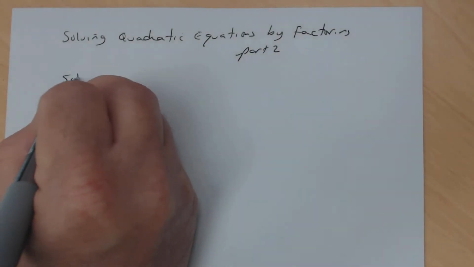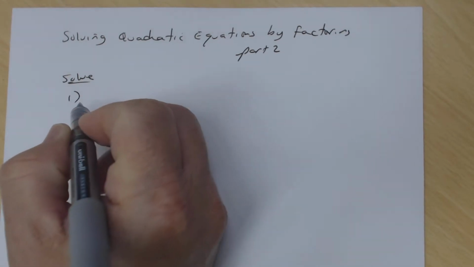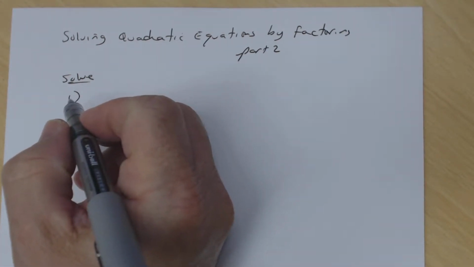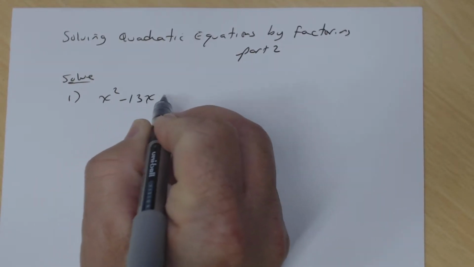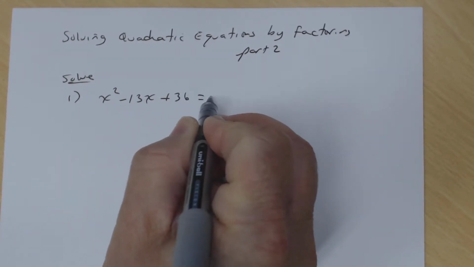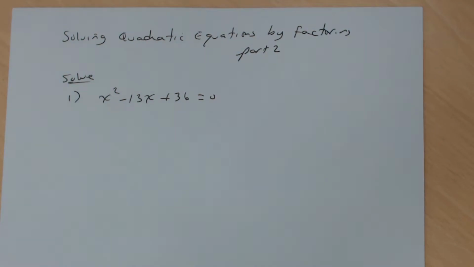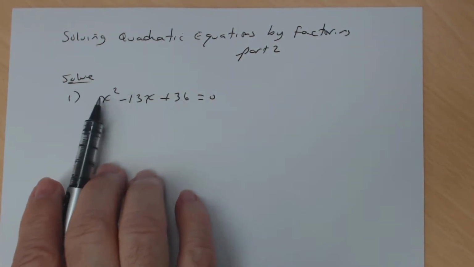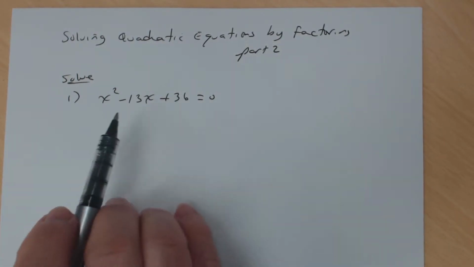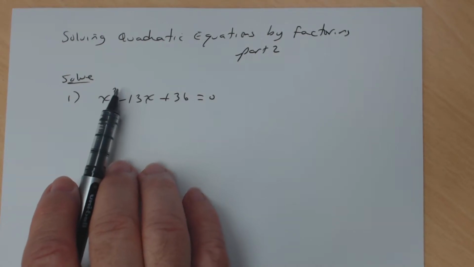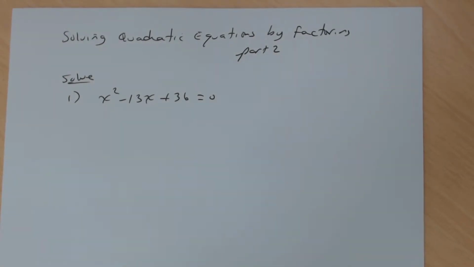Let's solve each of these equations. Number one: suppose we had x squared minus 13x plus 36 equals 0. You see how this is a quadratic equation. You have an x squared, and the exponent 2 is the largest exponent, so it's quadratic.